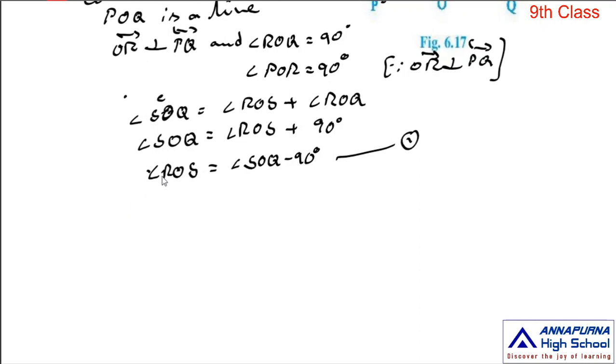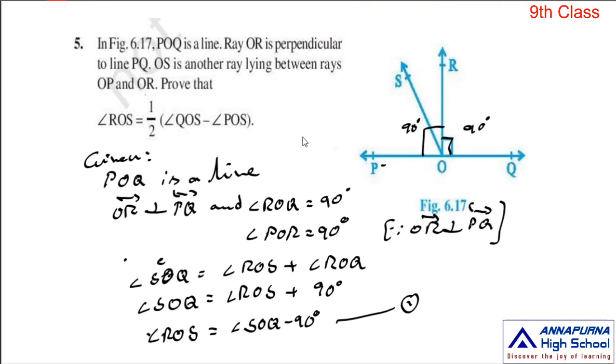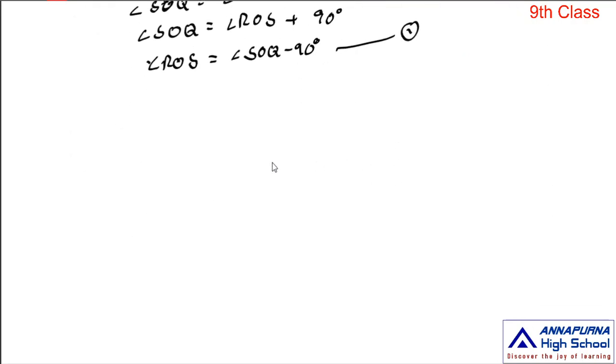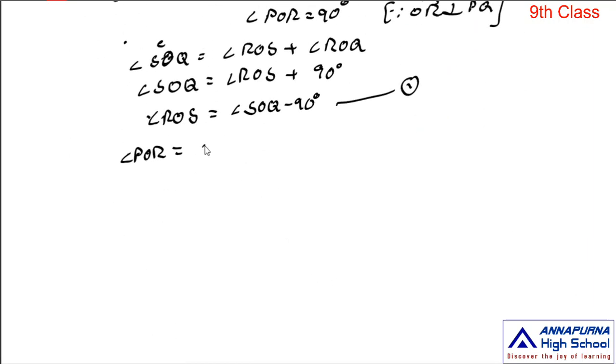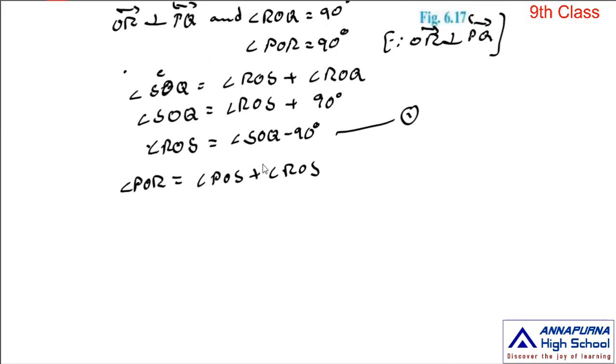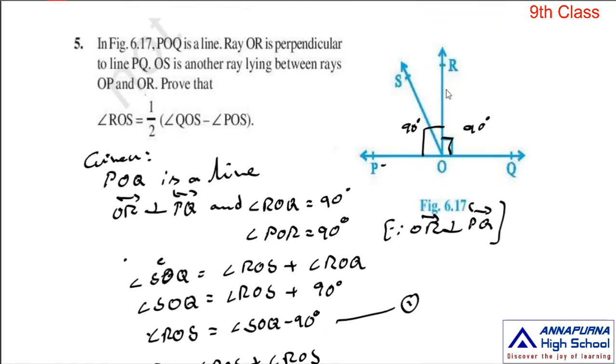Again, see the figure. Angle POR is equal to angle POS plus angle ROS. Given the condition, angle POR is equal to 90 degrees.